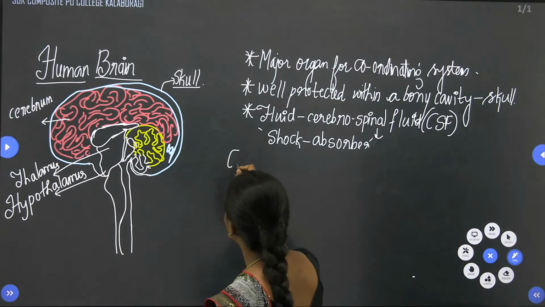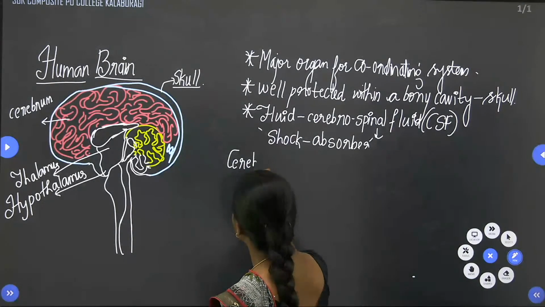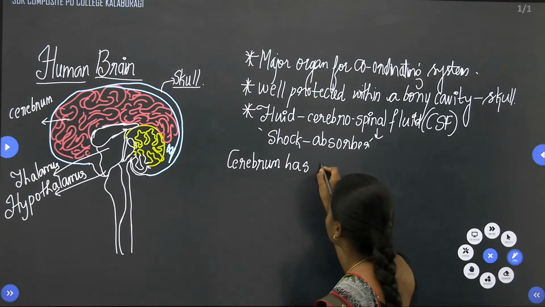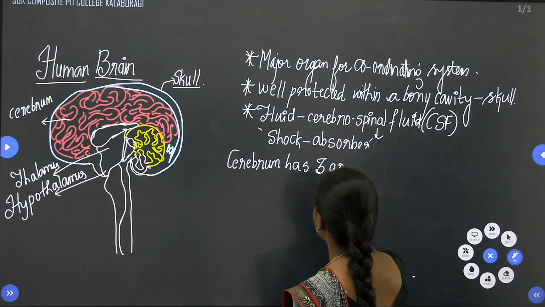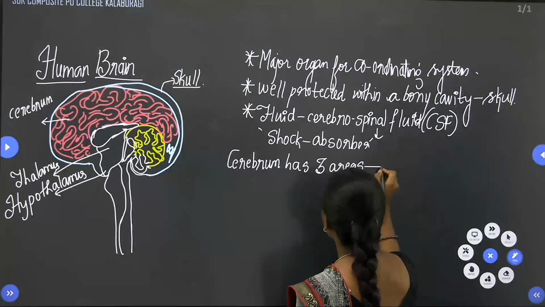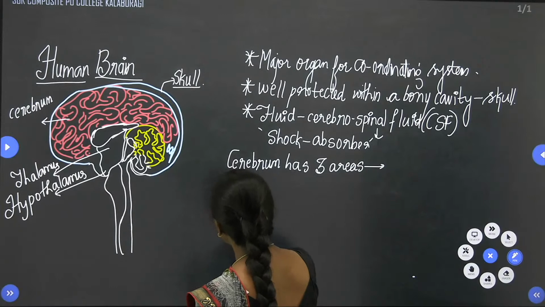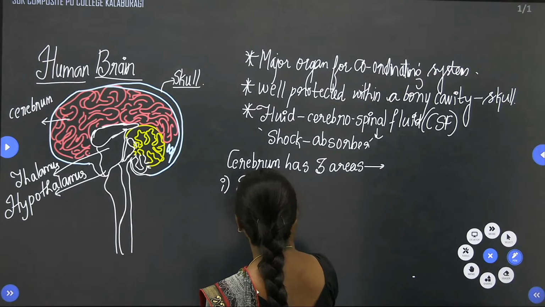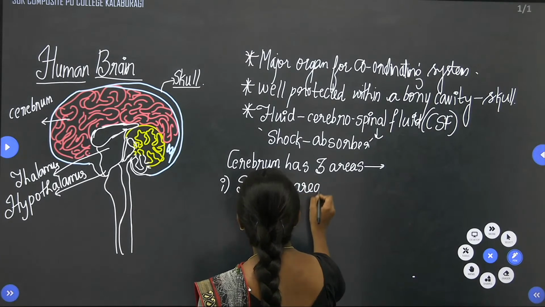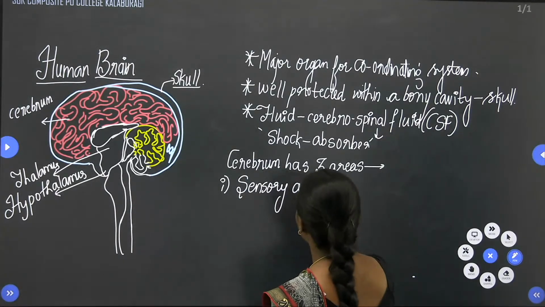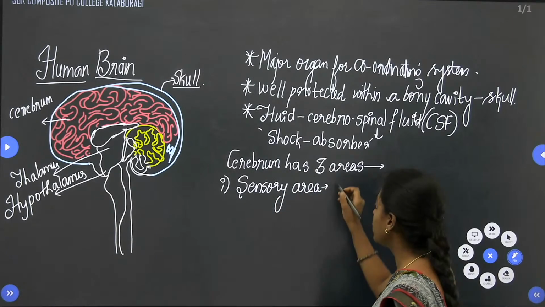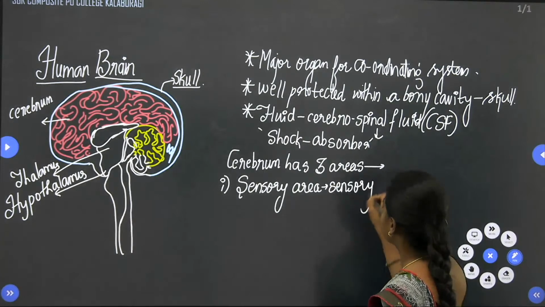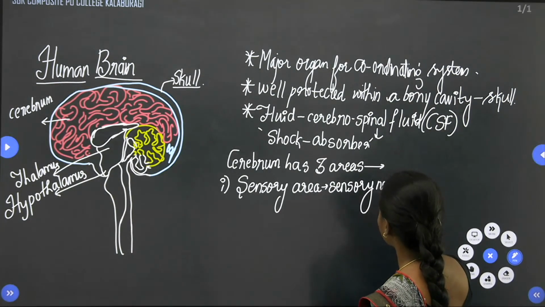Cerebrum has three areas within it. First one is sensory area. Sensory area is made up of the sensory neurons.